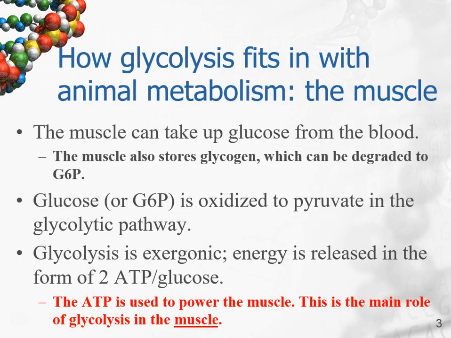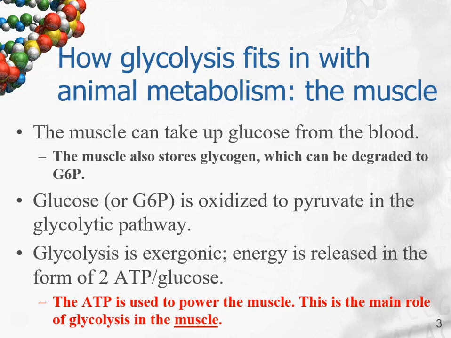Before we start, let's talk about how glycolysis fits in with animal metabolism. For example, the muscle. The muscle takes up glucose from the blood. The muscle also stores glycogen, which can be degraded to glucose 6-phosphate, and we'll talk about that in a later section. Whether you start with glucose or glucose 6-phosphate, it's oxidized to pyruvate in the glycolytic pathway.